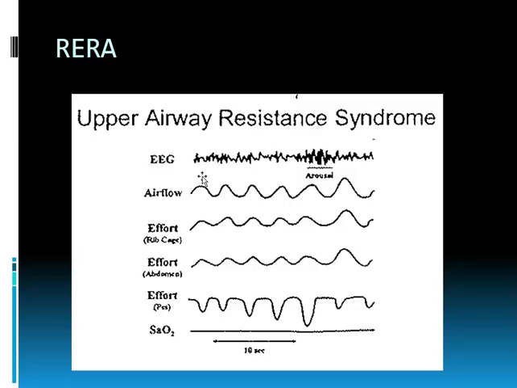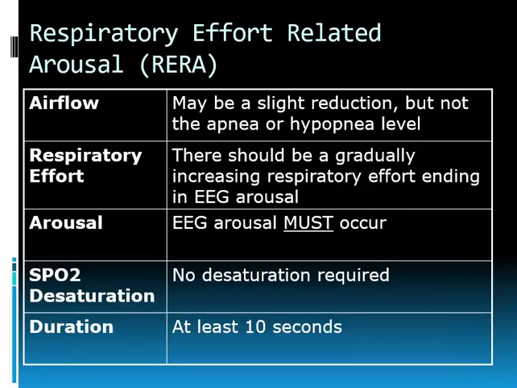So then I can score it in that regard to better help the patient establish an OSA diagnosis so they can get the treatment, versus calling this a spontaneous arousal.